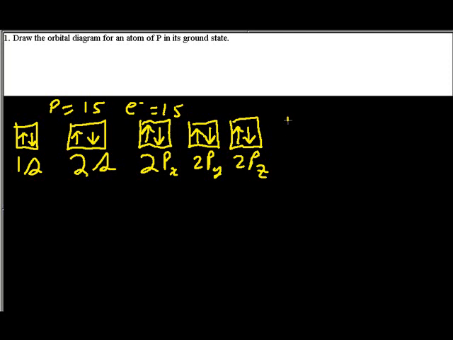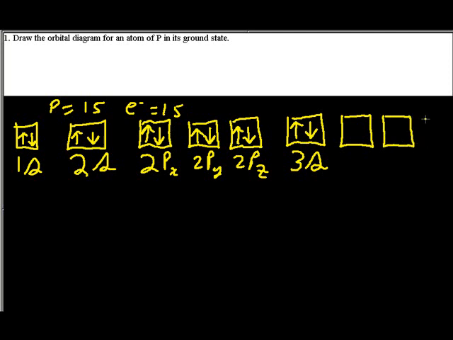That must mean we now go to the third shell. And that third shell would be the 3s, and we have to fill it before I move on to the p. Now there's going to be 1, 2, and 3 p orbitals for the third energy level.